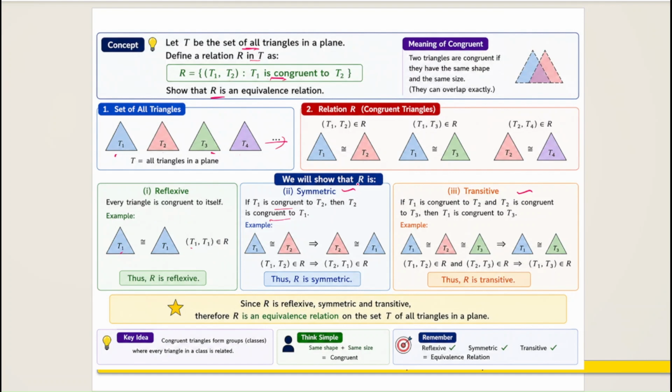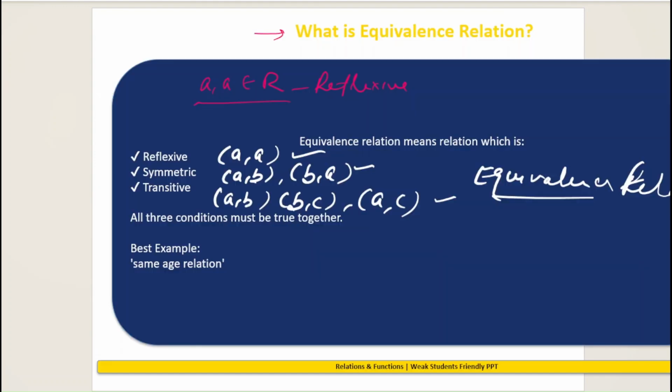Second part, whether it is symmetric. What is the condition of symmetric? If (A, B) is in the relation, (B, A) should also be in the relation. Here (A, B) means T1 is congruent to T2. So if T1 is congruent to T2, then T2 is also congruent to T1.